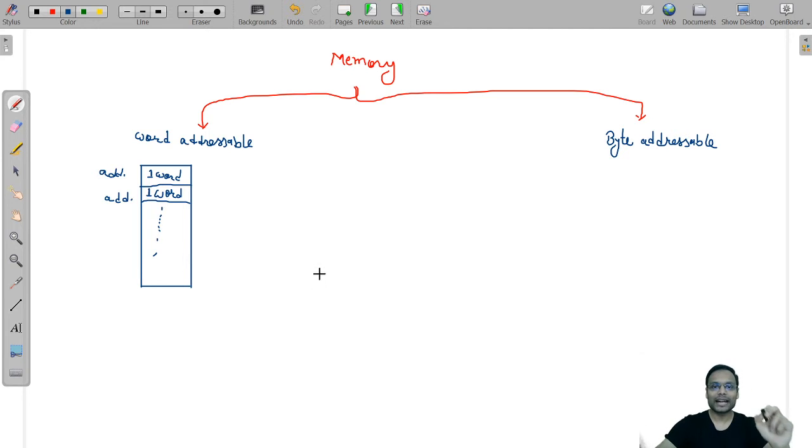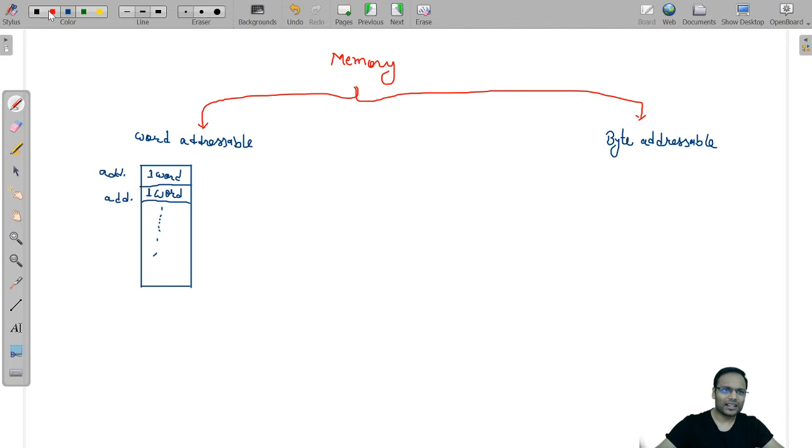That is word addressable memory. Every word has one address, or in other terms, every address is capable of storing one complete word. Now, the size of a word can be anything: 2 byte, 4 byte, 8 byte, 64 byte. It depends on how you are keeping the word size.